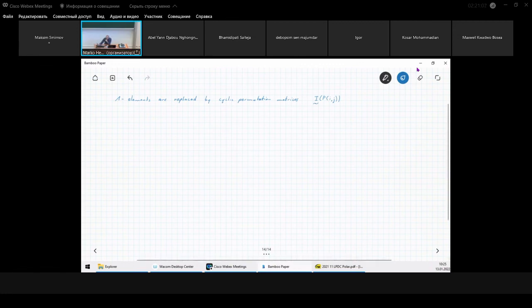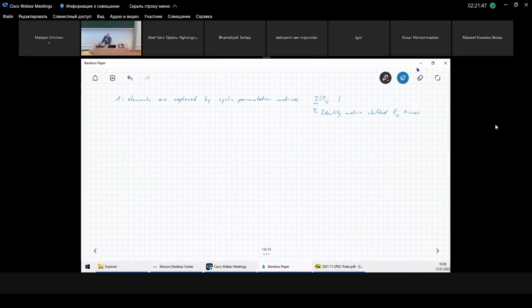Actually, I wrote this as index here. Write this either as function or as index. Be consistent with the lecture slides, so write it as index. So it's the identity matrix shifted P_ij times, just now how often will the value be shifted, and this depends on the values in this table.